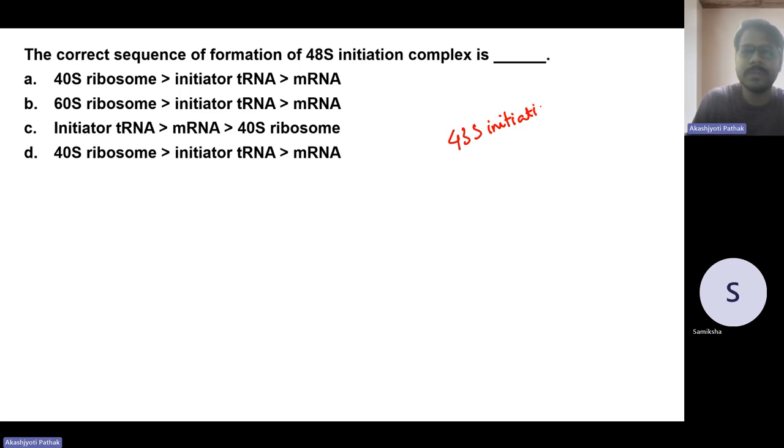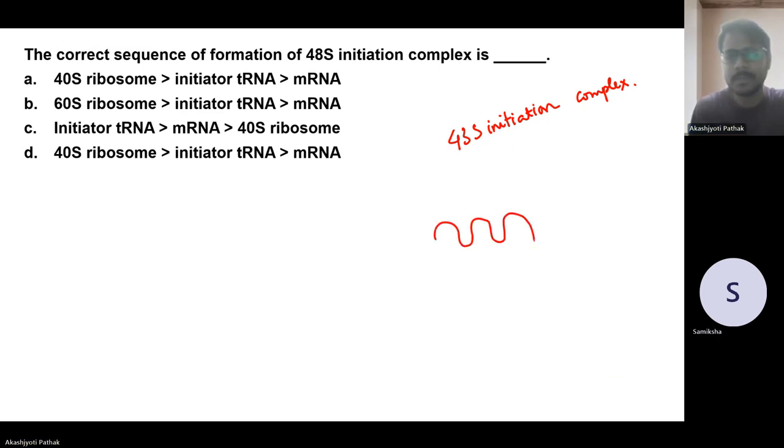Okay. Now first you were getting a 43S initiation complex. So what is the 43S initiation complex? The 43S initiation complex was a ternary complex, right? So this is your small subunit of ribosome. This is 40S.